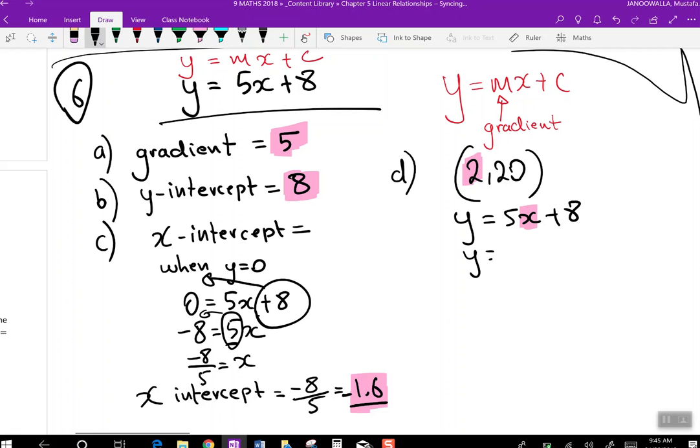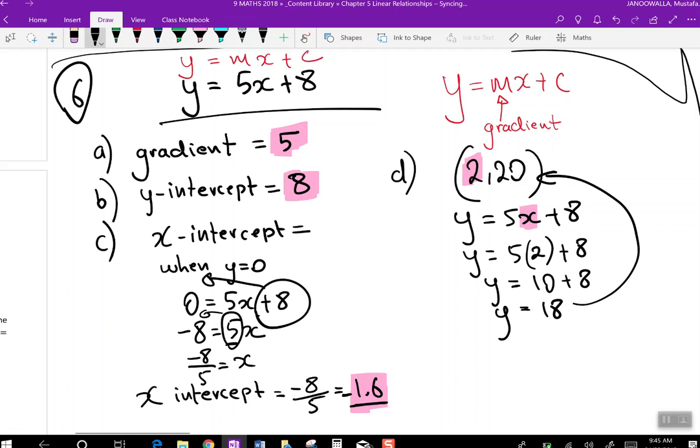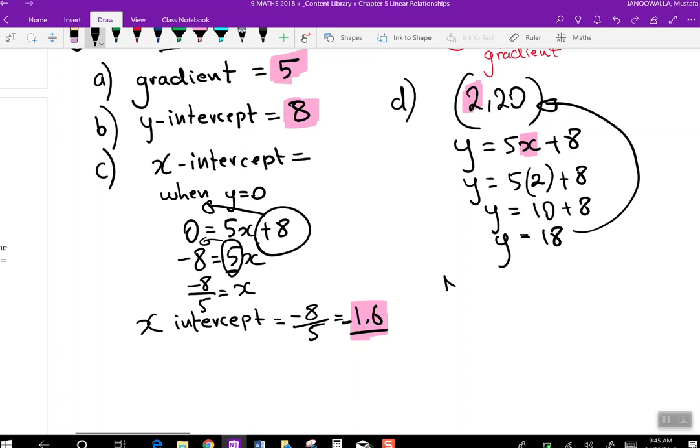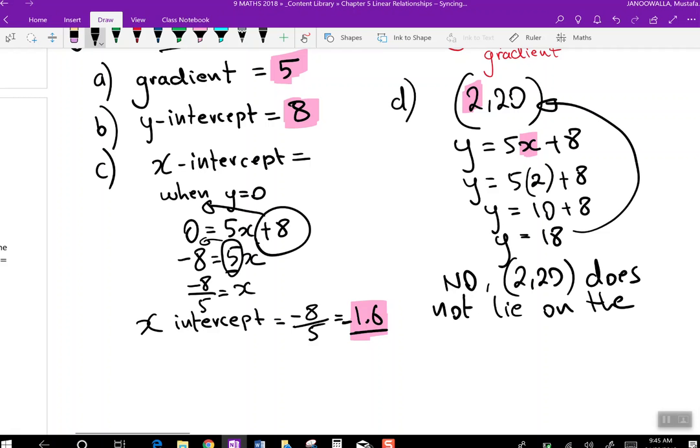So y equals 5 times 2 plus 8. 5 times 2 is 10, plus 8 is 18. Is our y point 18? No. So for question D, does (2, 20) lie on the interval? No, it does not. So you'd say no, (2, 20) does not lie on the interval.